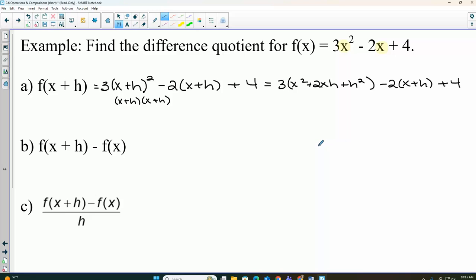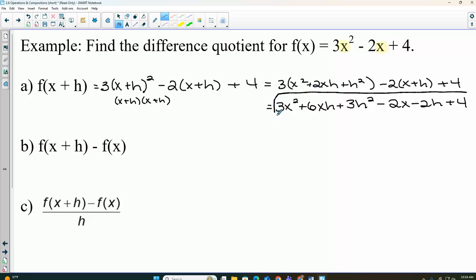Now we can multiply everything. So we're distributing. So that gives me 3x squared plus 6xh plus 3h squared minus 2x minus 2h plus 4. That one was ugly. We had multiple x's, so we had a lot of terms in our answer.